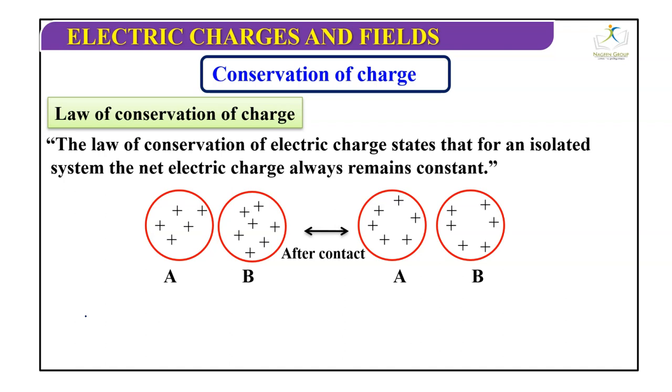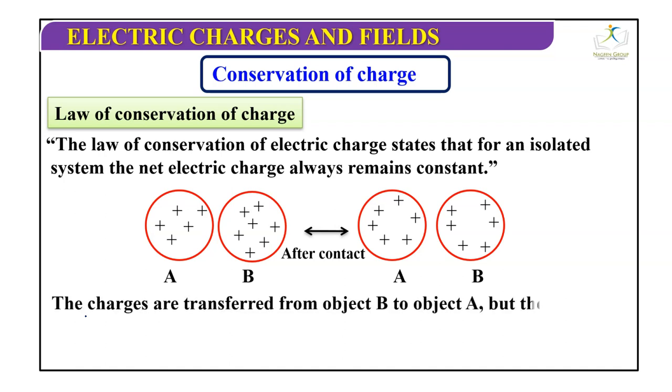Charges continuously transfer from one body to another until the total amounts of charge on both are equal. Charges keep moving until both have an equal amount of charge. So the charge is transferred from B to object A, but the total charge always remains constant for the system.